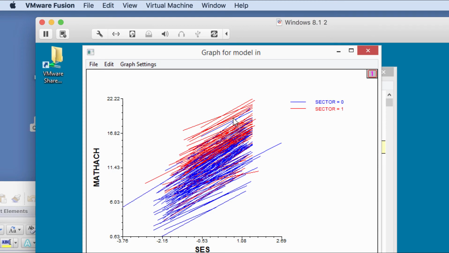This shows in red the slopes for the Catholic schools, sector 1, and the slopes for public schools. They look similar, but there is some variability across those slopes, as indicated by the significant variance component presented in our HLM output.